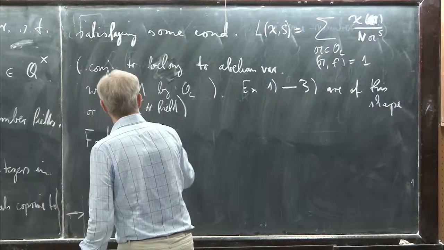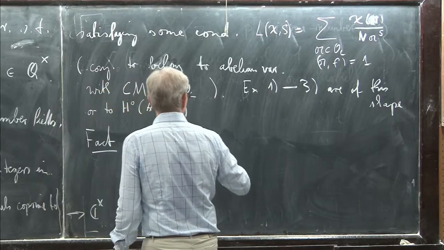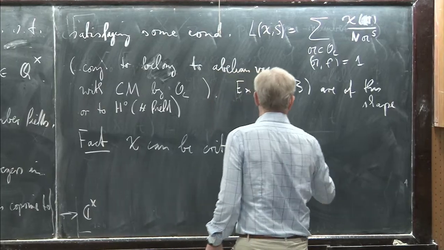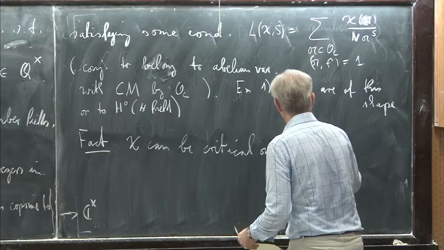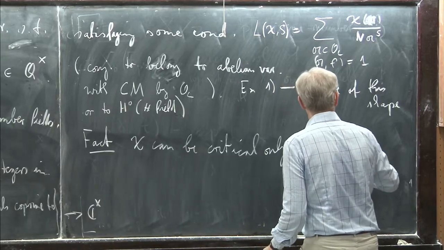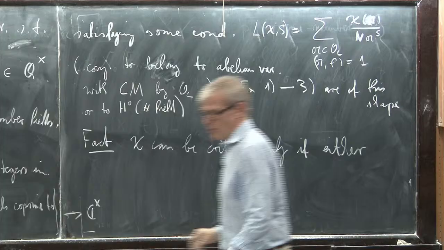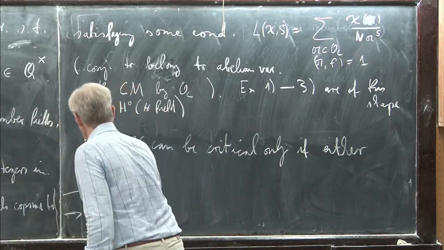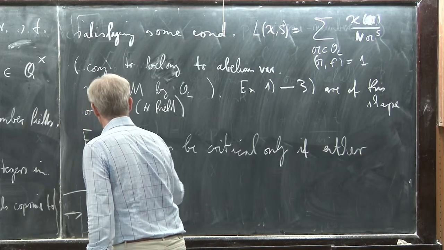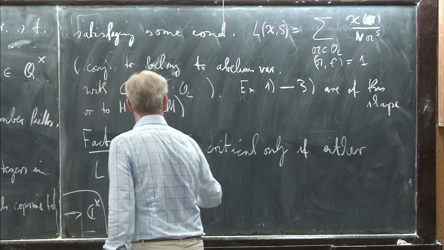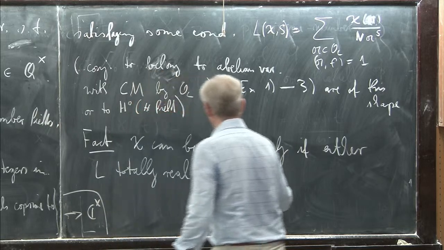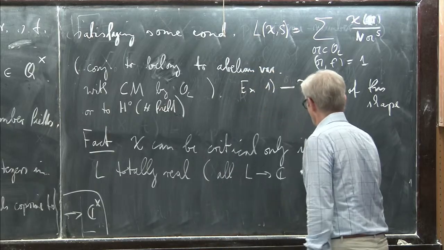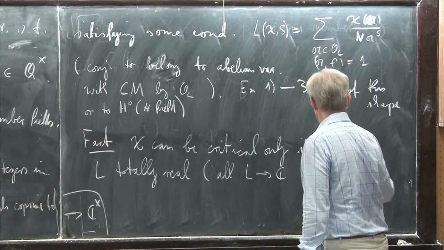So chi can be critical only if one of two things is true. Either the field L is totally real, which means all field embeddings into C are in the real numbers.